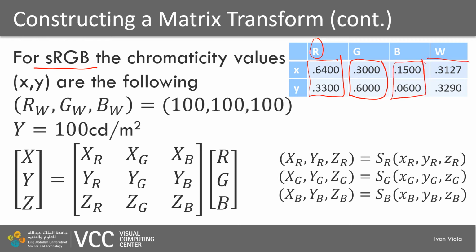The white point's chromaticity values are stored here, and we also know that the maximal level of the highest strength will be obtained by the 100 values in our RGB space, and the Y will be associated with 100 candela per square meter. So this is the highest luminance which we can achieve. And based on this information, using the framework which we described on the previous slide, we can calculate ourselves the conversion from RGB to the XYZ color space.